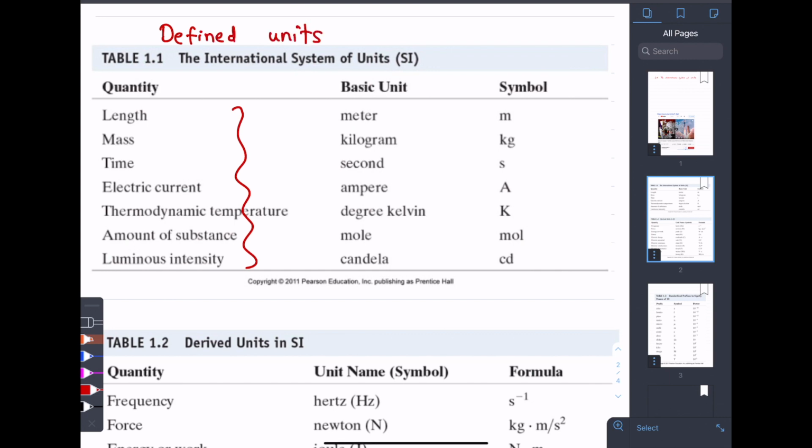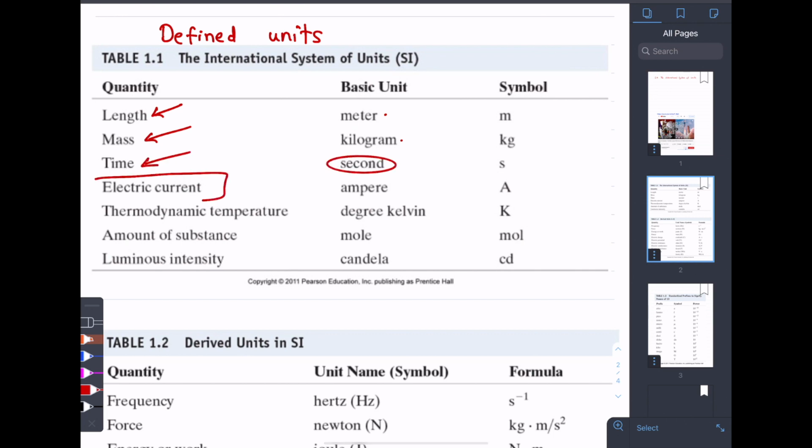These units quantify fundamental quantities like length in meters, mass in kilograms, time in seconds, electric current in amperes, temperature in Kelvin, amount of substance in moles, and of course luminous intensity in candela.